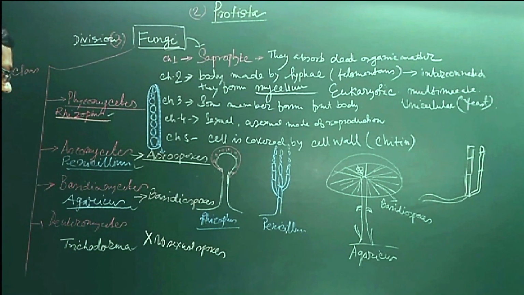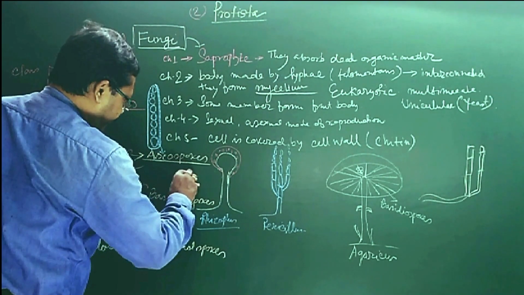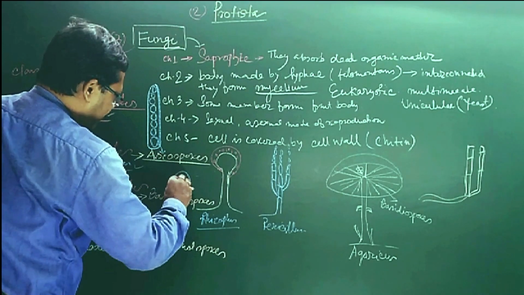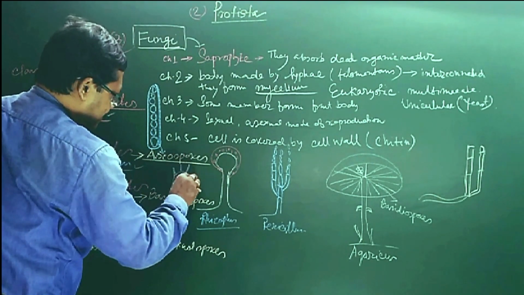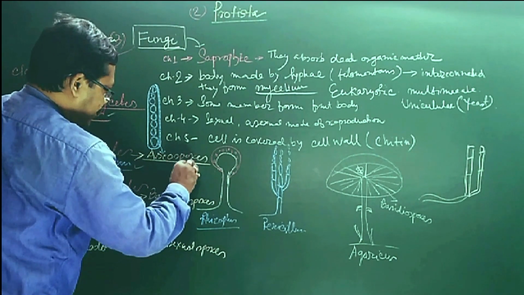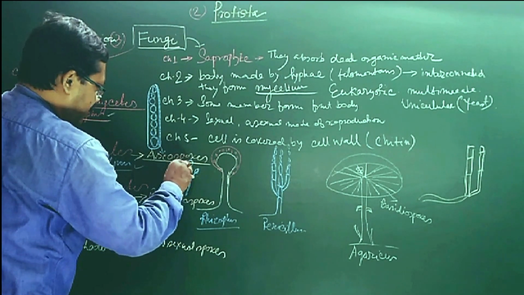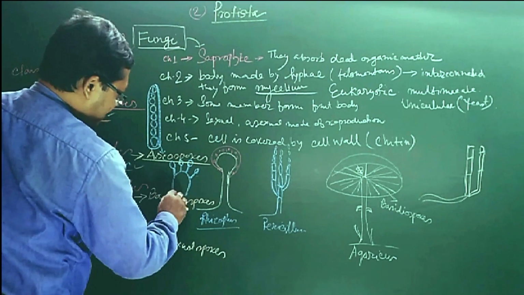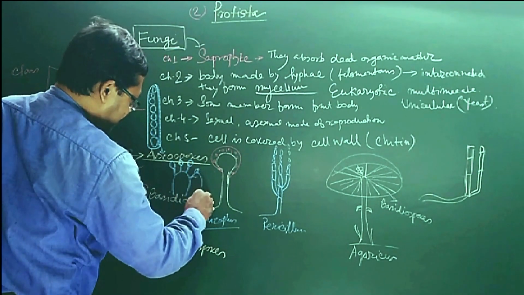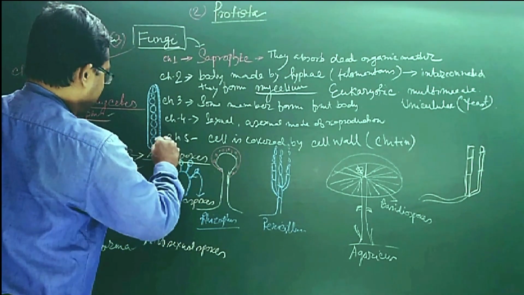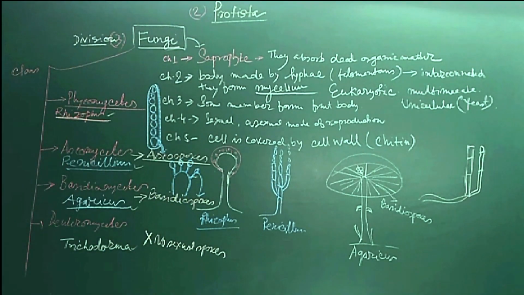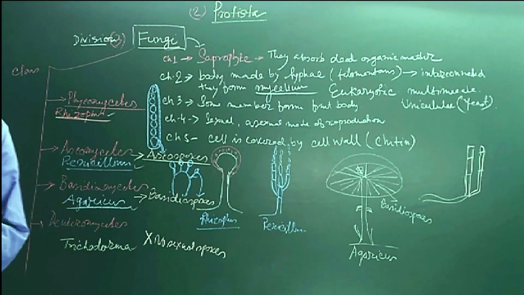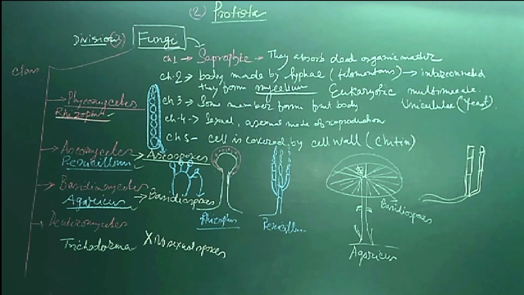And in Basidiomycetes, 4 spores are formed by protrusions and hang from it, and these spores are produced externally. These are basidiospores, and these are the ascospores. These are more or less the characters and examples of fungi.